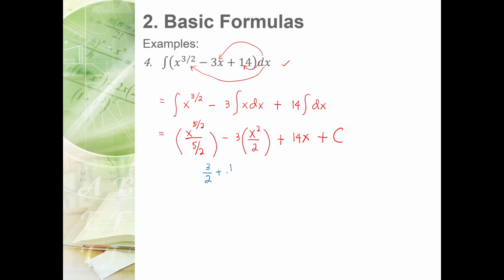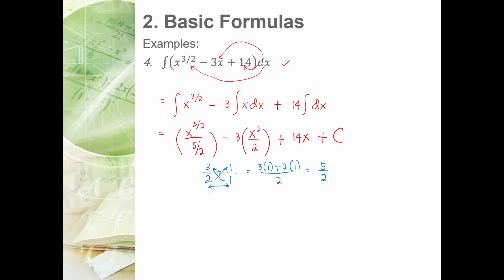The 1 is 1 over 1, since it results in 1 anyway. So 3 times 1 plus 2 times 1 all over 2. So 3 plus 2 is 5, so 5 halves.